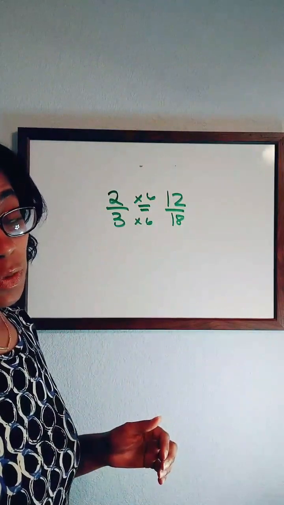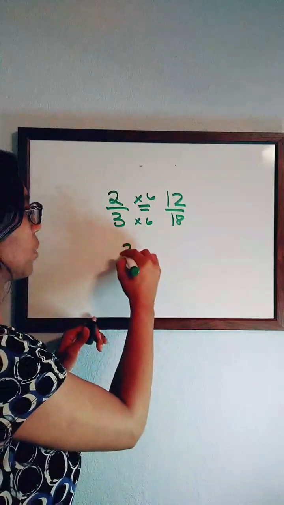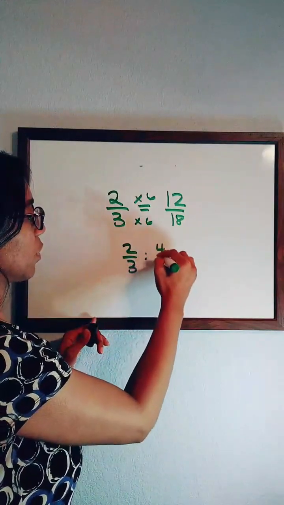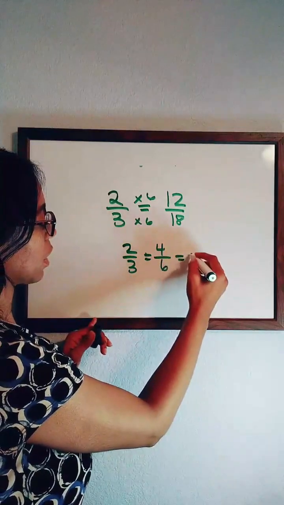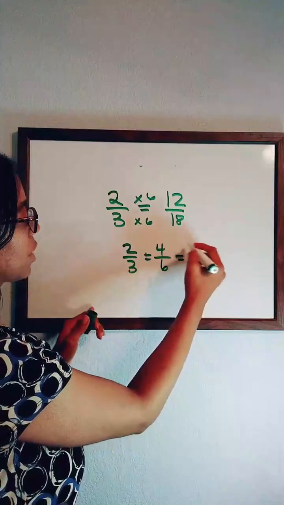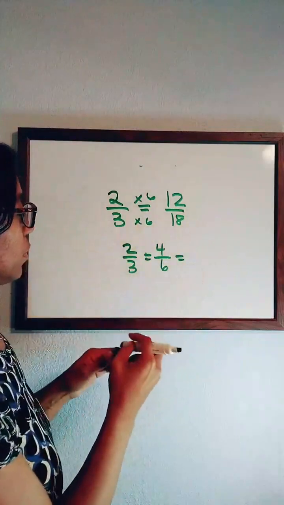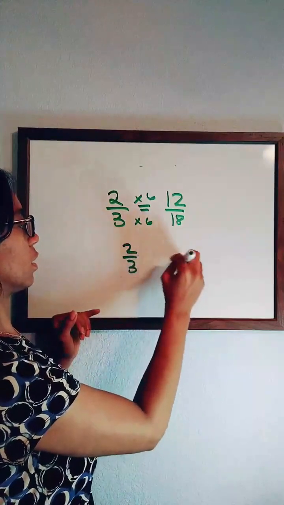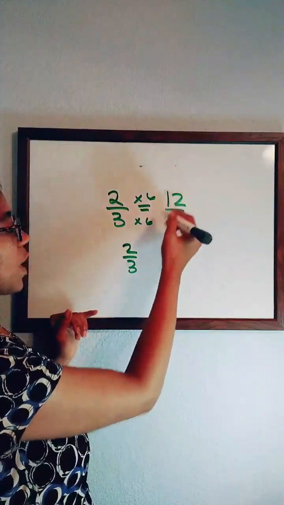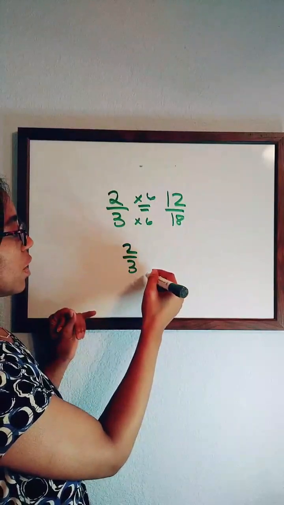The next one would be 2 to 3, then 4 to 6. And then times 2, that would be not 4 to 6, I lied. Because if you do 12 divided by 6, it would be 2. No. Oh, shoot.